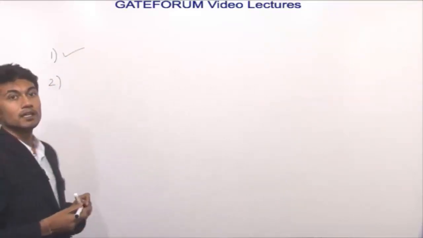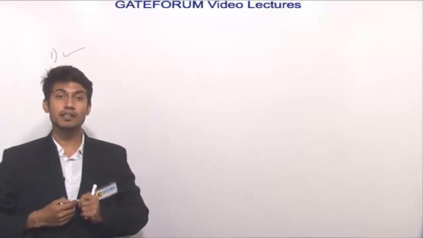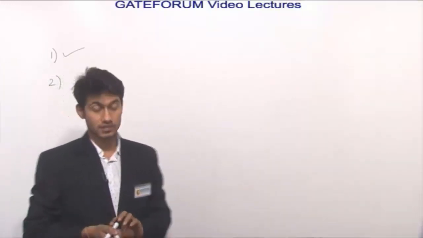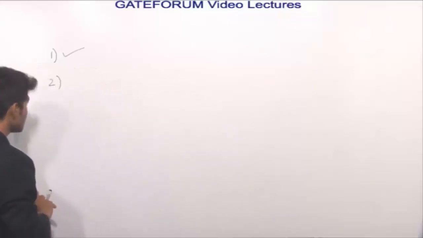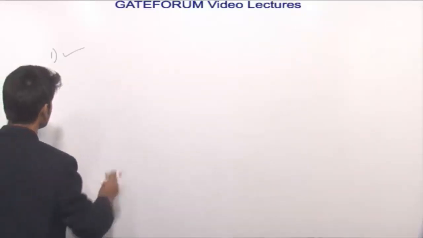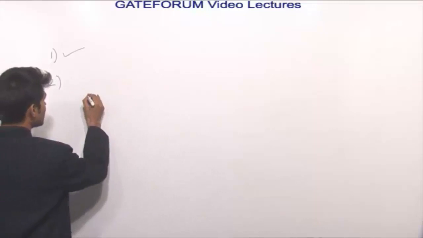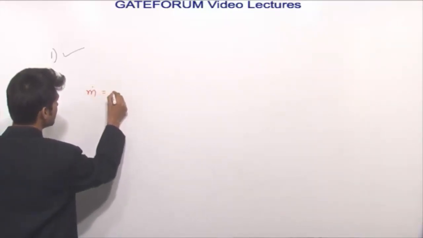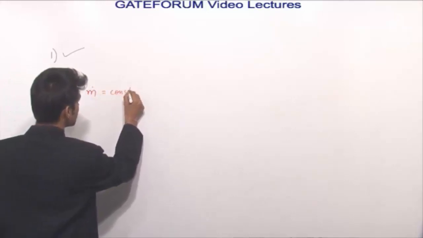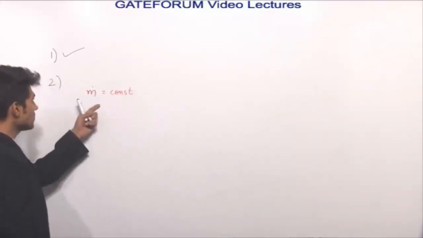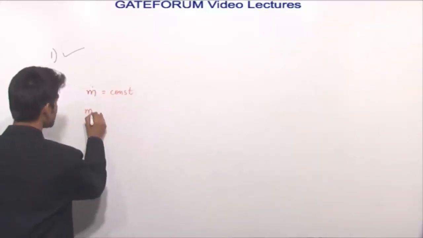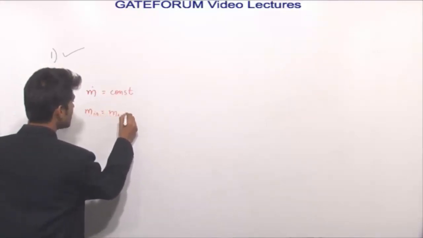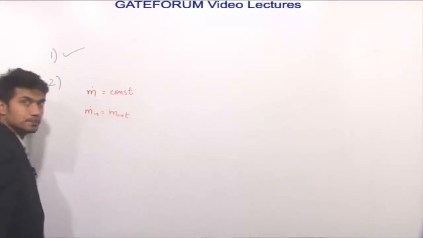Statement 2. The velocity of a steady stream of fluid flow will depend on the cross-sectional area of the stream. Now let us see how this relation can be established. We already know that mass flow rate will be constant for steady flow. For any steady flow, mass flow rate will be constant. That means mass in will be mass out in a particular given time.